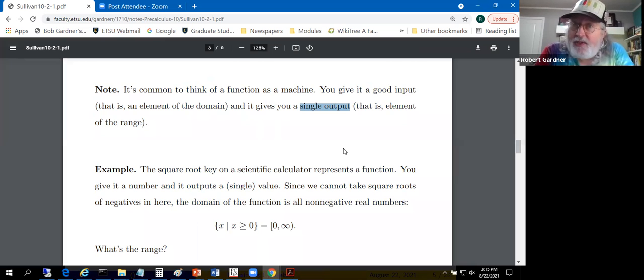Granted, -3 squared equals 9, but the meaning of the square root symbol is that it represents the square root function. The function can't give you but one thing out. You take the square root of 9, it gives you +3. Now, you might be working a problem where you're interested in -3. Well, then you didn't want the square root of 9, you wanted negative square root of 9.